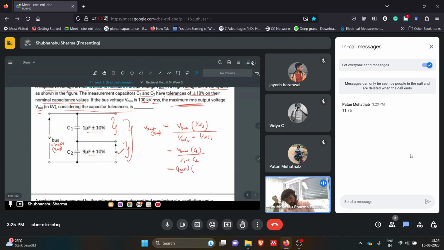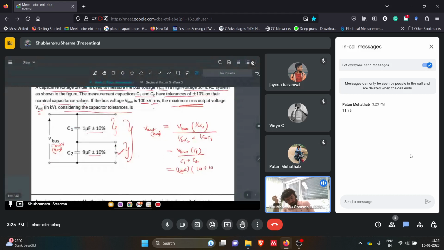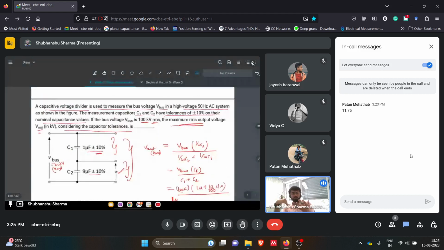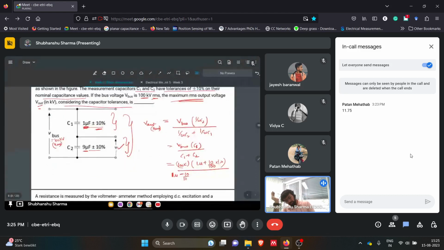C1 we have 1 micro plus 10 percent of 1 micro, divided by, now C1, so basically this means the values can vary in a range of plus minus 10% from their main value. So now we can take 1 micro minus 10 percent of 1 micro plus C2, which will be 9 micro minus 10 percent of 9 micro.